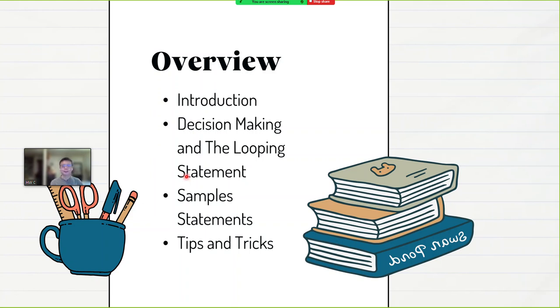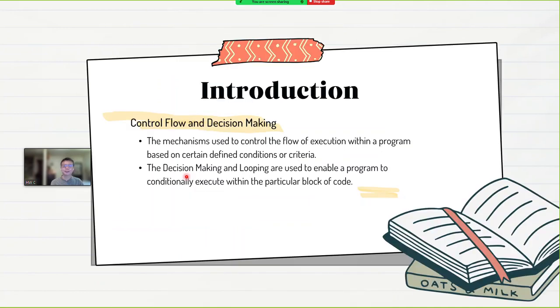Lastly, I will cover some tips and tricks on how to write good, clean, readable, maintainable control flow and decision making. So let's get a quick start and look into the introduction of control flow and decision making.